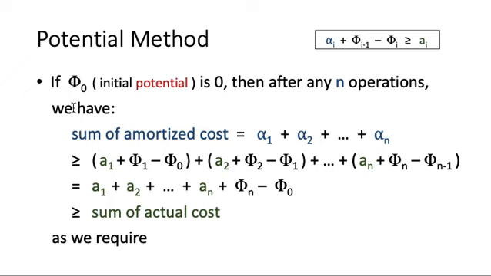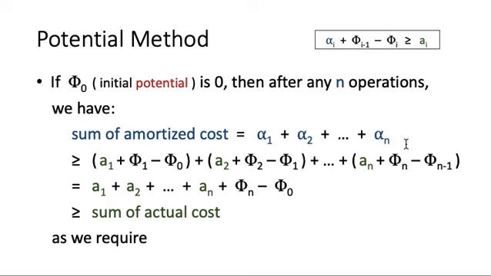Now, if the potential phi of 0, the initial potential, is equal to 0, then after any n operations, the summation of amortized costs is alpha_1 plus alpha_2 up to alpha_n, the amortized costs of the first operation, second operation, up to the n-th operation.